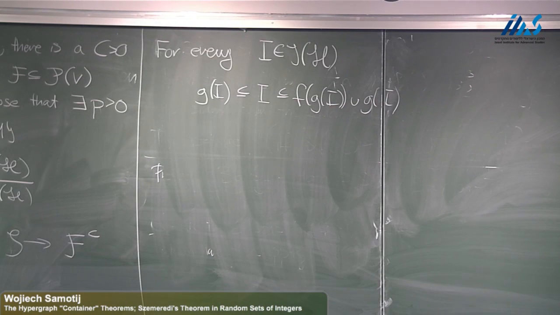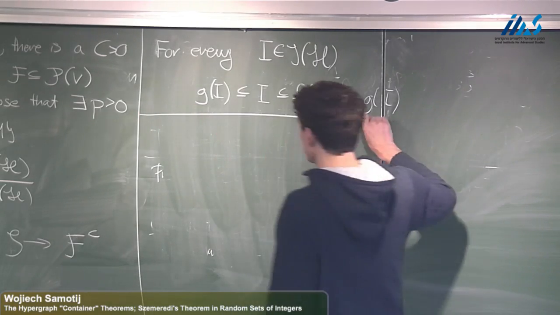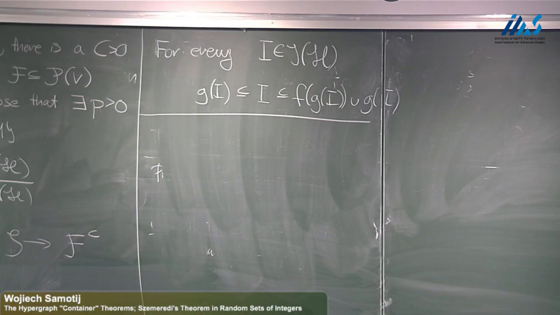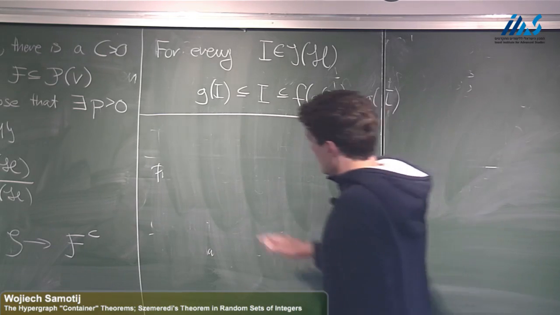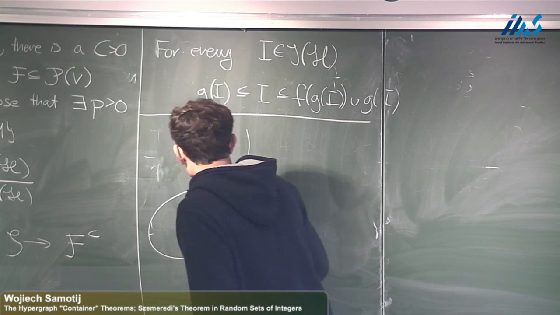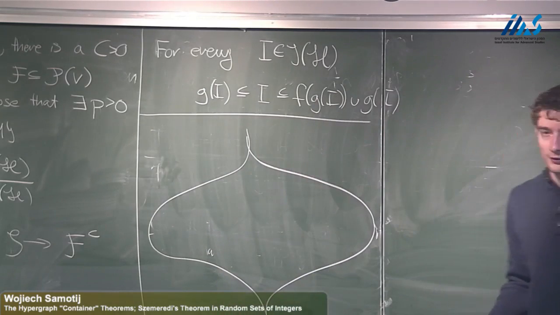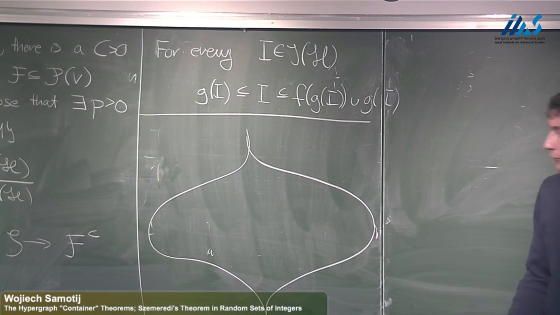Okay, so the statement is a bit technical and so maybe sounds a bit mysterious. So let me try to explain it to you in a picture. Let's consider the power set of V. So these are the subsets of V ordered by inclusion.